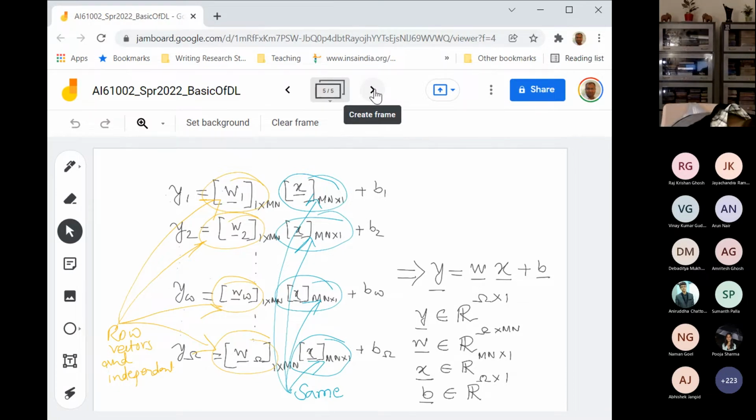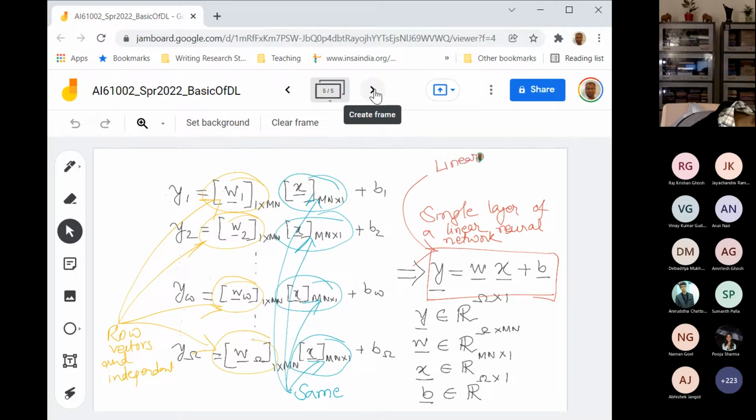So this effective representation is what we call a single layer of a linear neural network. Also, in very simple terms, this is also known as a linear layer.